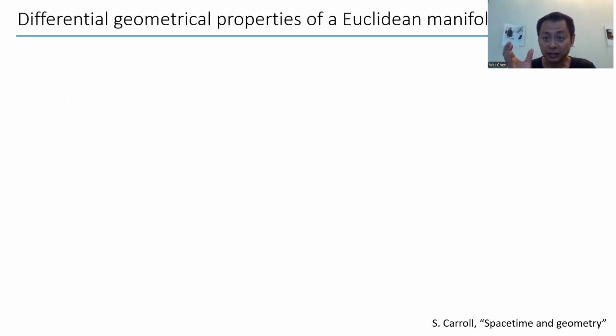So now the idea is, once you have this metric defined, let us calculate some differential geometry out of it. Yeah. So a very good reference for all the formulas that I'm going to show you here is Sean Carroll's book about space-time and geometry, which is an introduction to general relativity. And so you go through the usual procedure.